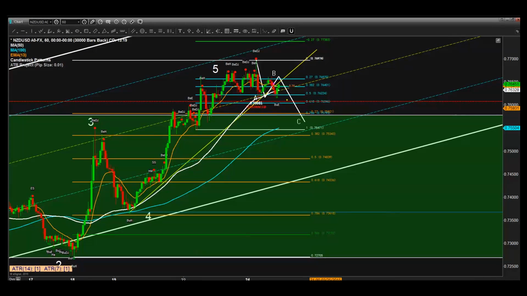Can anyone see the 7600 printed right there? Yeah, so those are the levels that I'm gonna be looking for these guys to bounce off my C wave. Somewhere around the 7580, 7530. It's about 80 pips there to capture, guys, if you see it happening tonight.